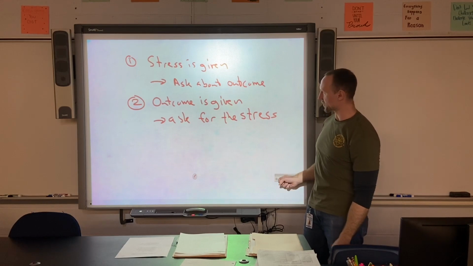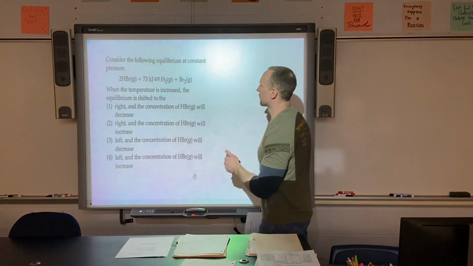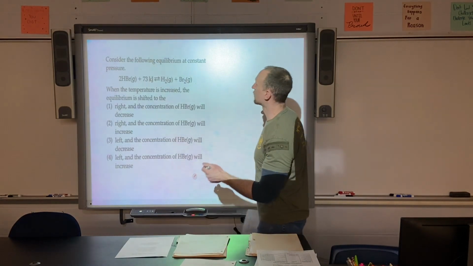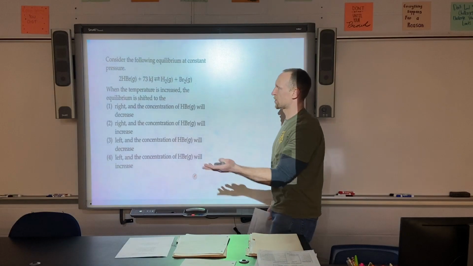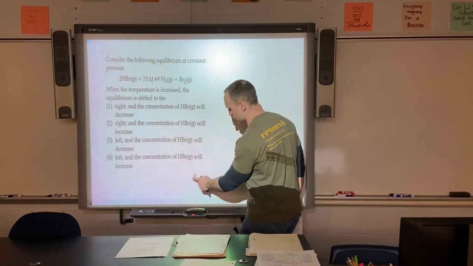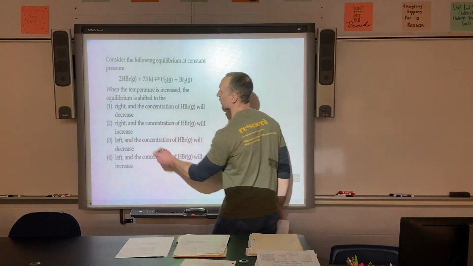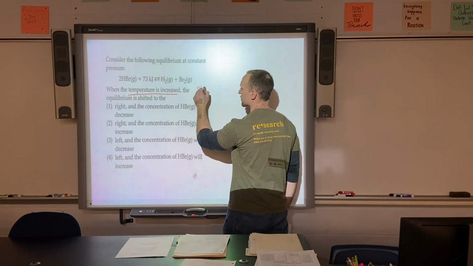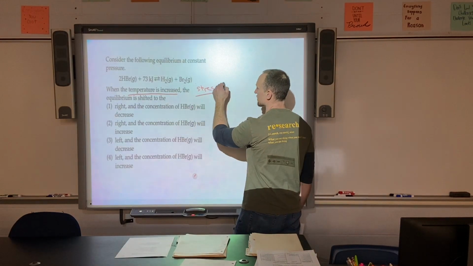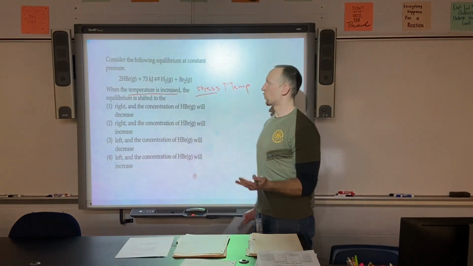So let's look at our examples here. First one, all right, when the temperature is increased, the equilibrium is shifted to the, so pretty much they give you, these are pretty simple. So we're given the stress, temperature is increased, that's the stress, right? Our stress is an increase in temperature. What happens?